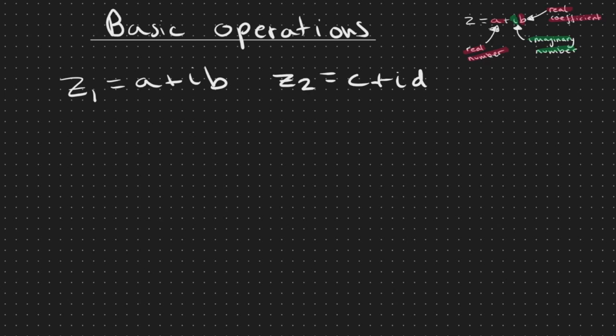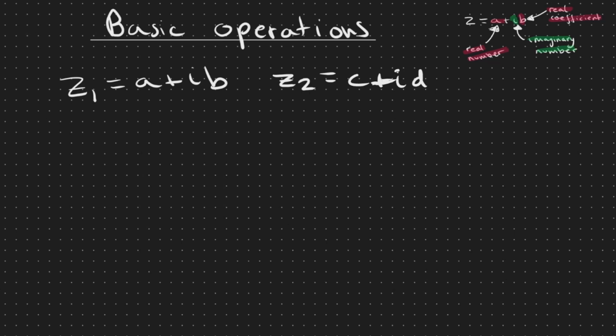Here I left up here the little indication so that you can always refer to it if you're confused about anything. So here, if we refer to it very quickly, complex number 2, the real number is c, the real coefficient is d, and the imaginary number is i here, right? The actual imaginary number is this whole thing, so it's di, you could say.